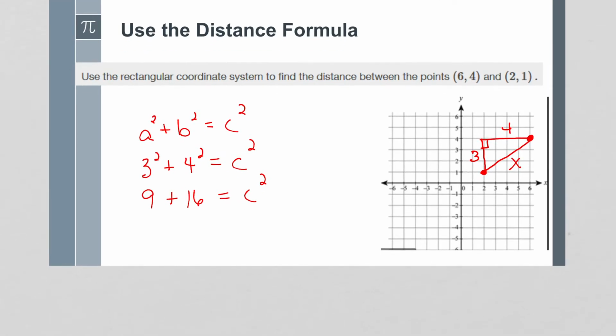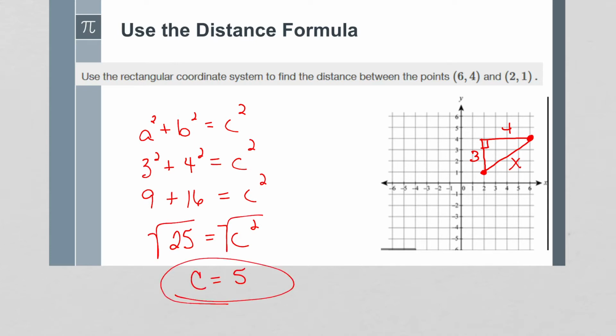So whenever we come up with this, we have to take the square root to come up with just plain old c. So 9 plus 16 is 25, which is equal to c squared. To get c, we take the square root of both sides. So c is equal to 5.